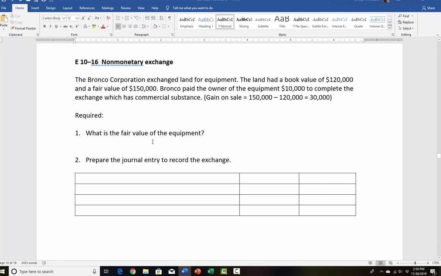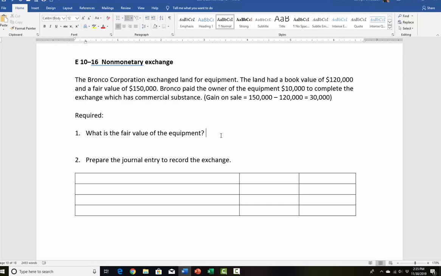Now, first question is, what is the fair value of the equipment? Well, we assume an arm's length transaction, so that means this is not you selling something to your cousin and giving them a deal on it, right? This is two companies exchanging two assets. The values are equal. So how much must this equipment be worth?